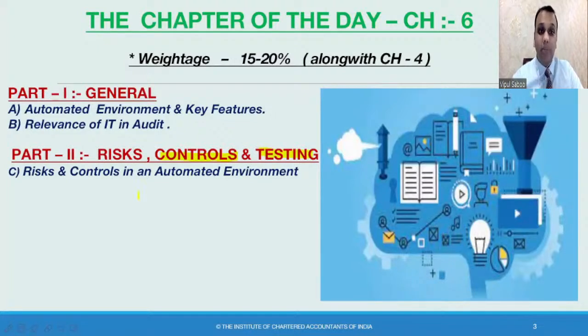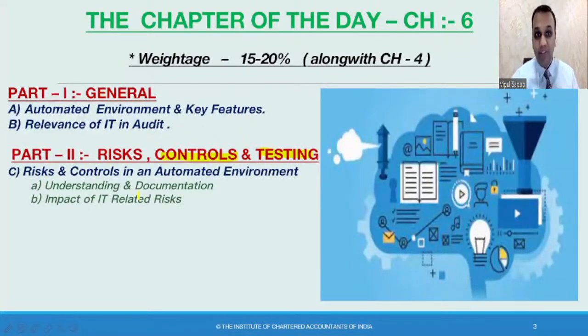So we'll understand about risks and control in an automated environment, and what will be covered in that particular topic. So we'll understand what are the risks, how do we document those risks, what is the impact of, you all have read about specific risks in chapter 4.